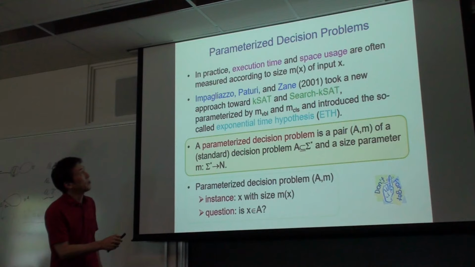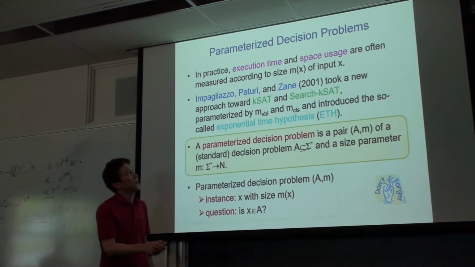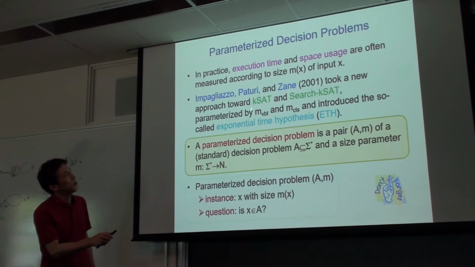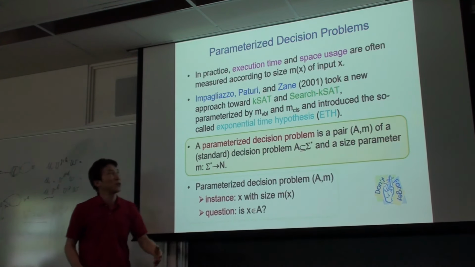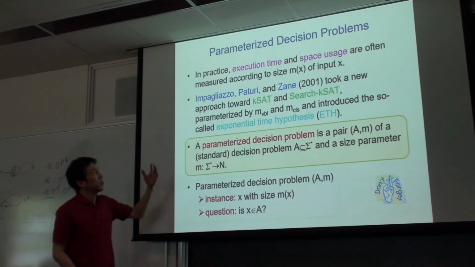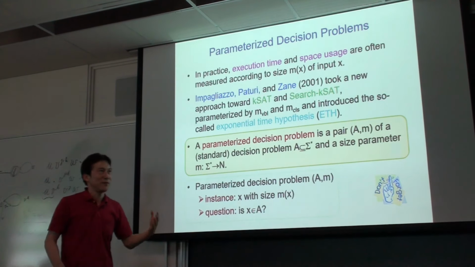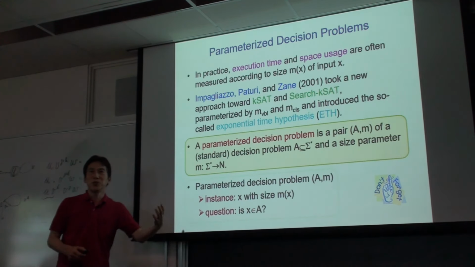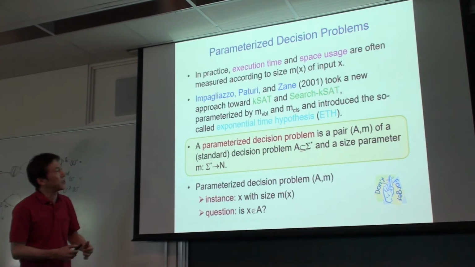For example, Impagliazzo and Paturi considered k-SAT and the search version of k-SAT, parameterized by the number of variables and the number of clauses, and they introduced the hypothesis ETH, the exponential time hypothesis. This hypothesis has been very popular nowadays as a basis to introduce or prove better upper or lower bounds of some complexity problems.